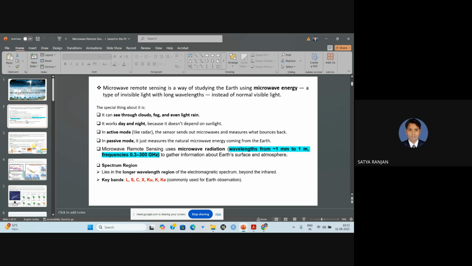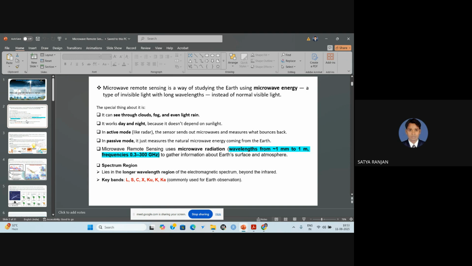In passive mode, it just measures the natural microwave energy emitted from the Earth's surface, which is collected by the sensor, and after that the images are created. Most of the time we use active microwave remote sensing sensors due to their day and night operation.